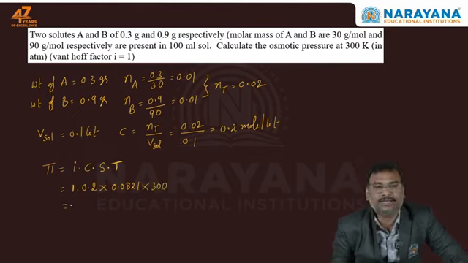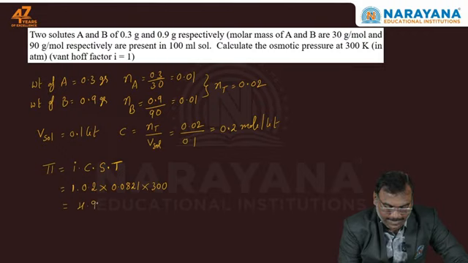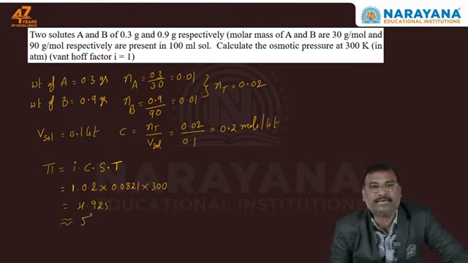After that the value we got is 4.925, that means nearly 5 is the correct answer for the given question.